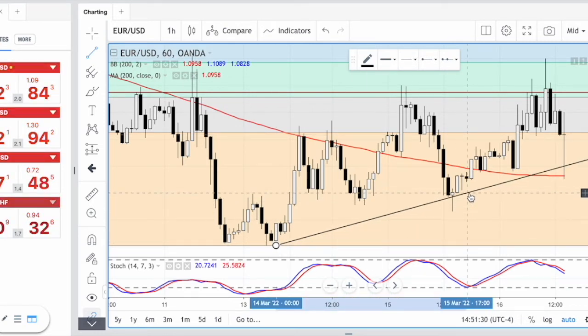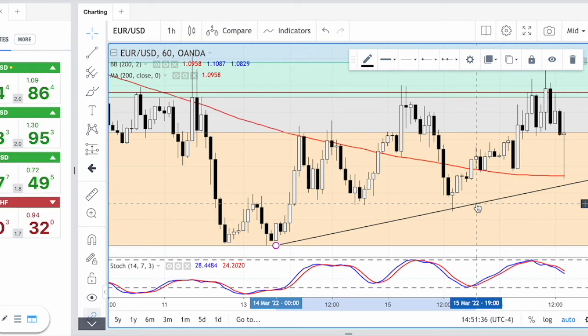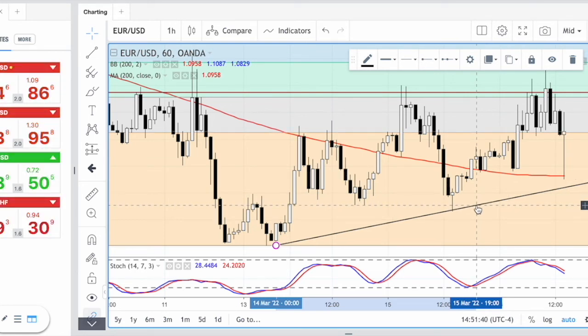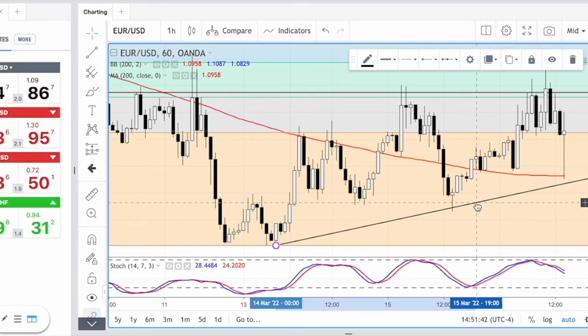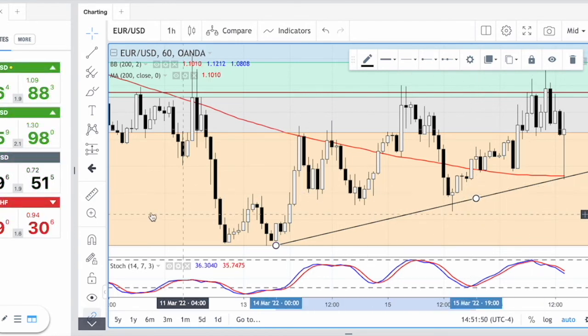I had that trend line over there, just cutting off the wick of that lower one. You could have put the trend line here, of course, which would have made it spike slightly above the trend line, but it did reach the 200 period moving average. So I put it there on that 200 period moving average, which is the sensible place to put it. And that's where I took profit on both of these trades.